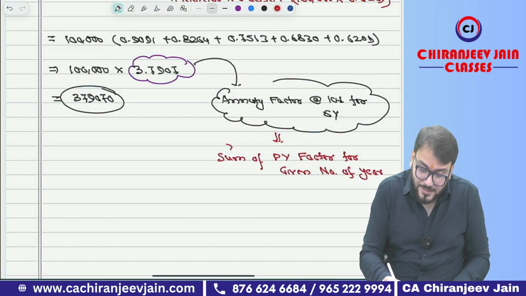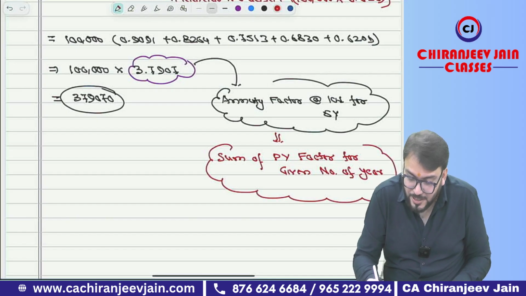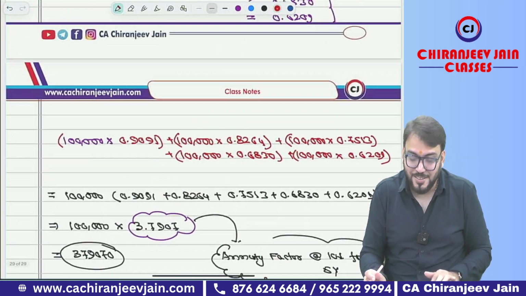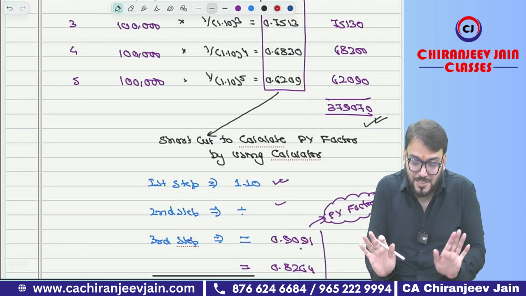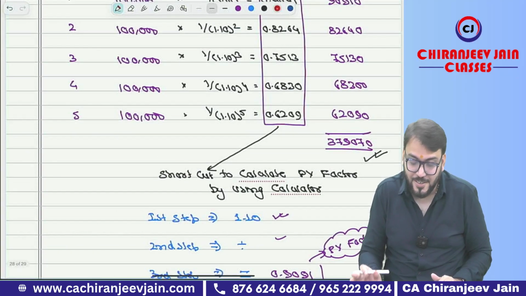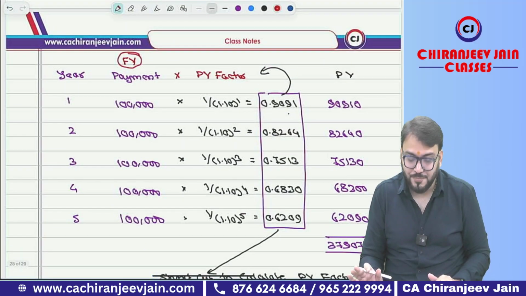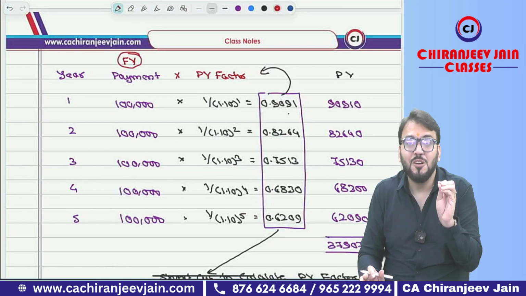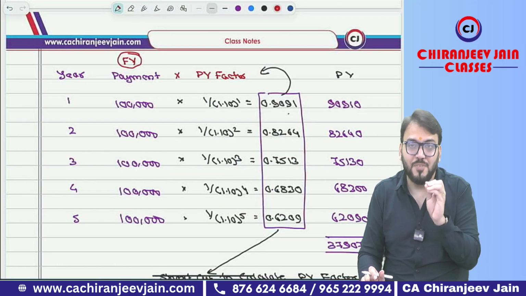Are you getting? So that is the sum of present value factor. Sometimes they will give you the annuity factor. You need to understand annuity factor is the sum of all present value factors. Understood this? This much I just want to explain before I proceed to Accounting Standard 10. Have you understood this much or not? This is the concept of present value and future value. Understood?